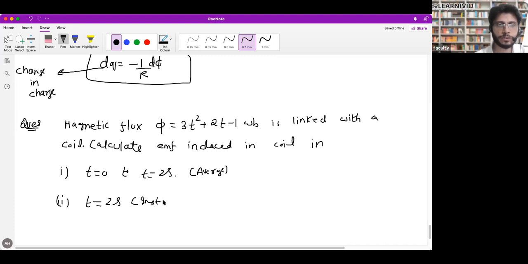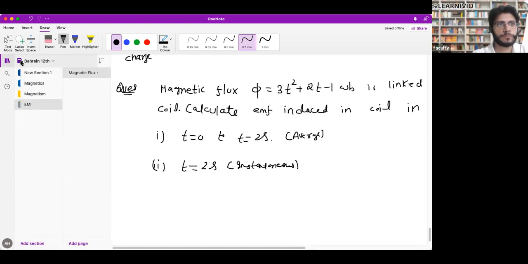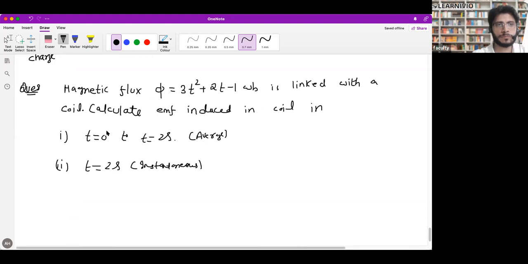When the instant is given, you're supposed to calculate the instantaneous EMF. Note down the question first.